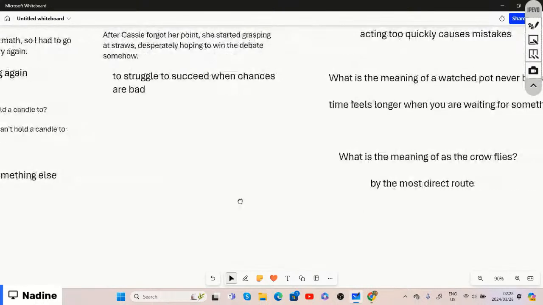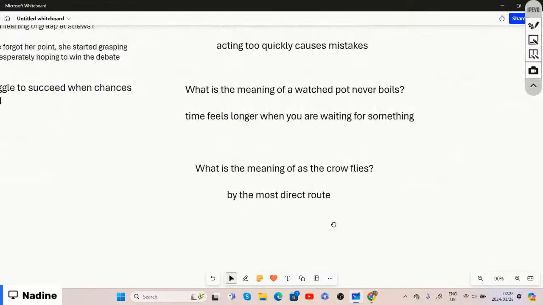Direct route is what as the crow flies means. It's like saying direct route.